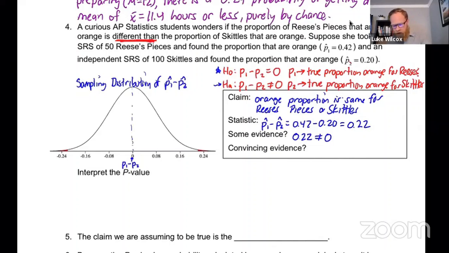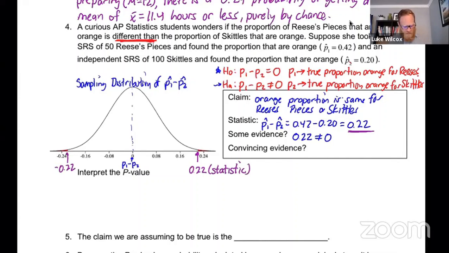Now let's identify our statistic from the samples. That statistic is 0.22. Well, that value is right about here. That 0.22 is our statistic. But remember that this was a two-sided alternative, so we need to do the same thing on the other side of the distribution, which is just negative 0.22.